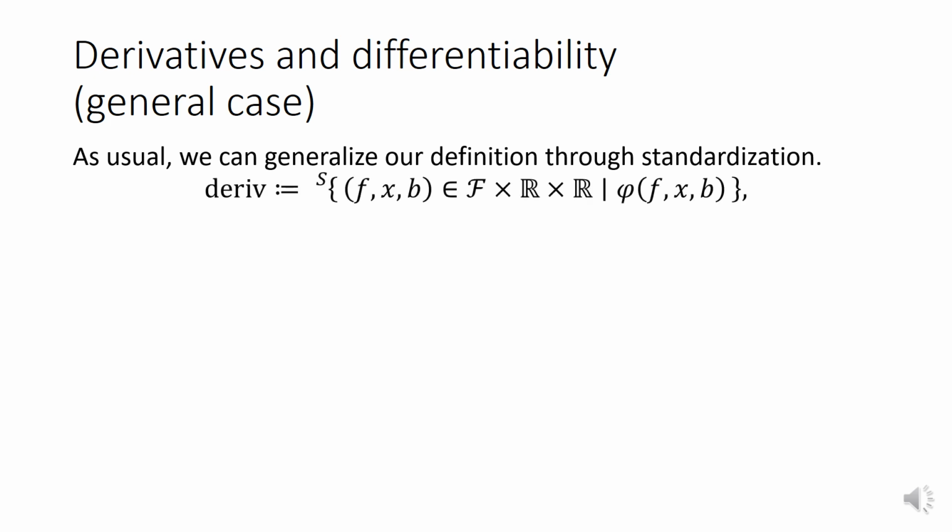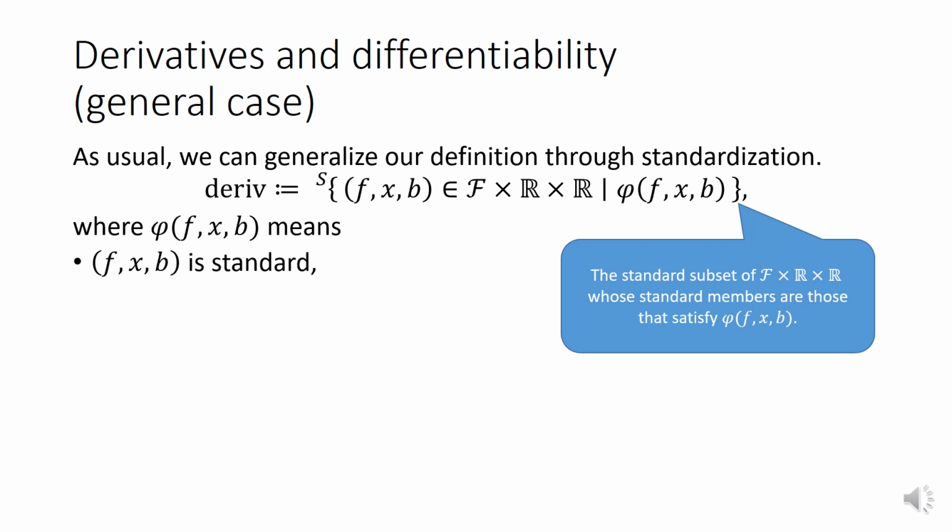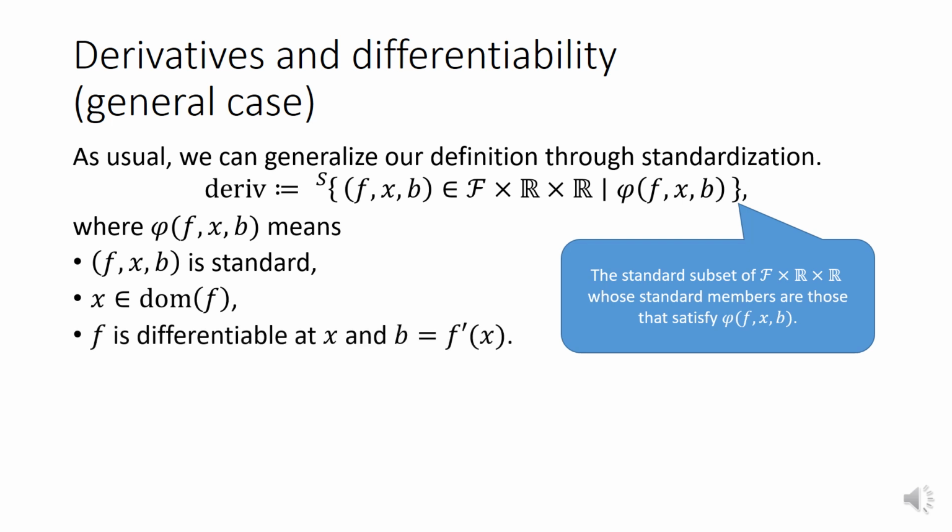We define the set deriv as the standard subset of f cross R, whose standard members are those that satisfy phi of f, x, b, where phi of f, x, b means f, x, b is standard, x is in the domain of f, f is differentiable at x, and b is the derivative of f at x.